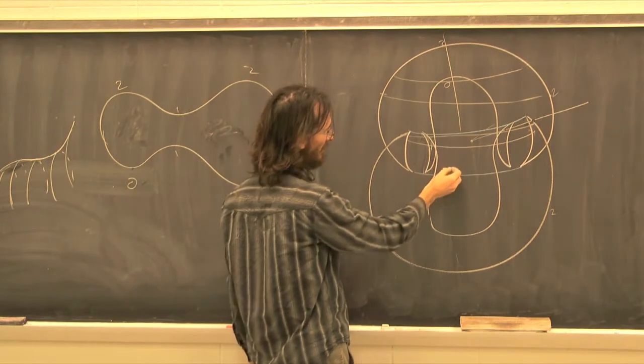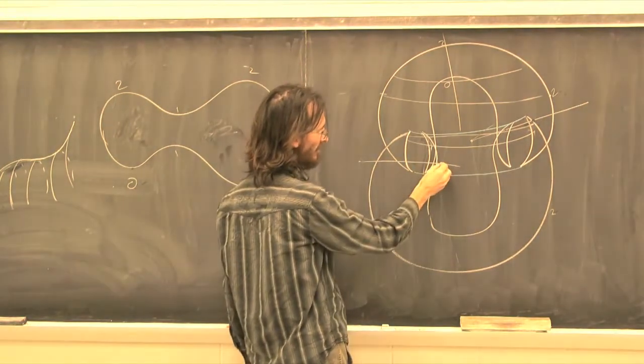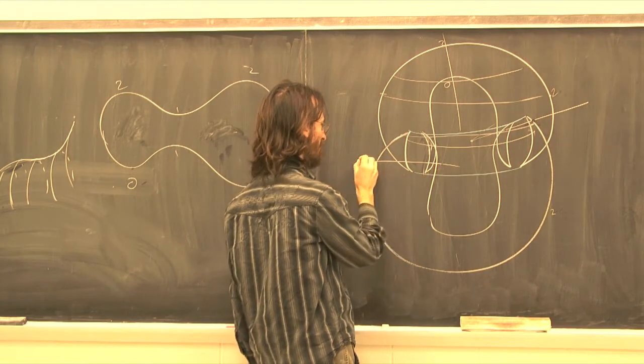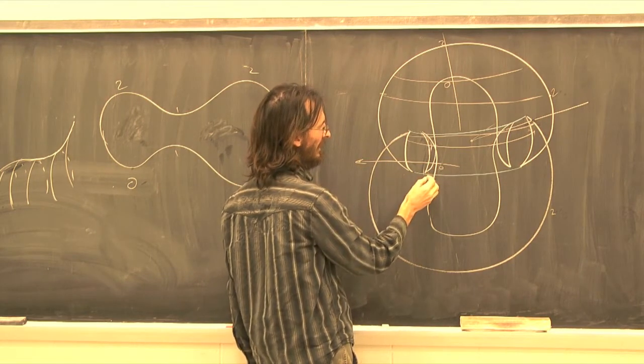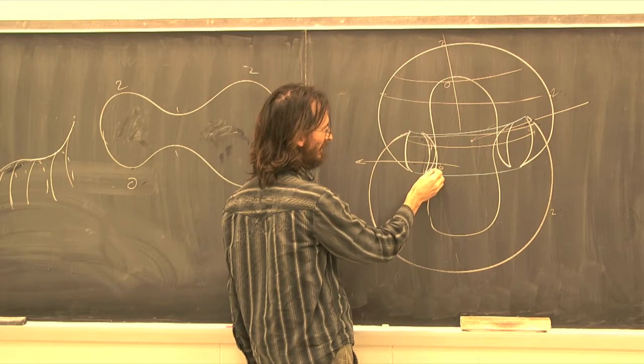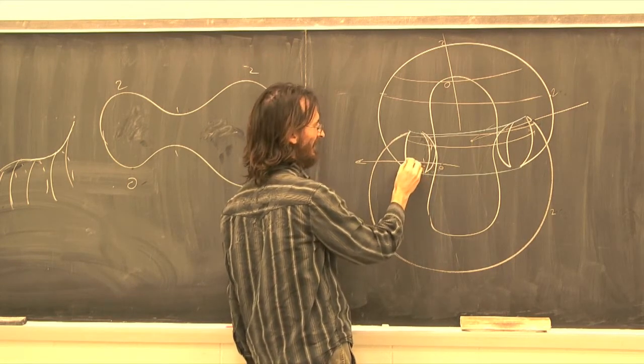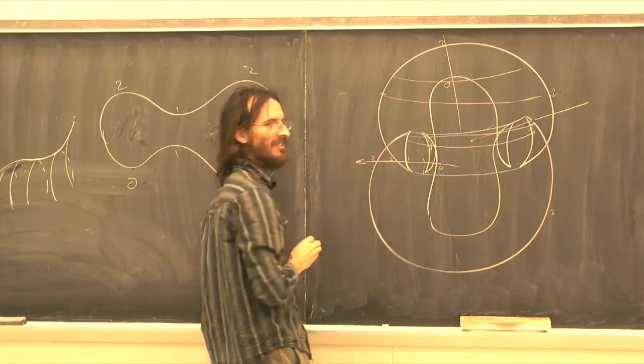In this direction, this is 2, that's 0, and we know that this is 0, and this is 1, and this is a 1, and 2, 2.